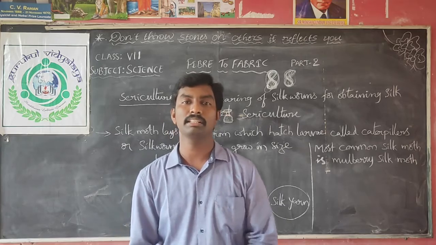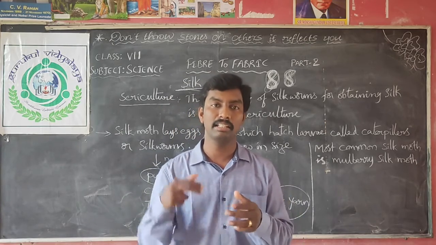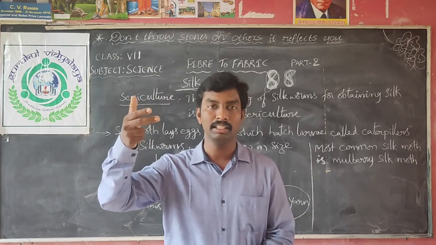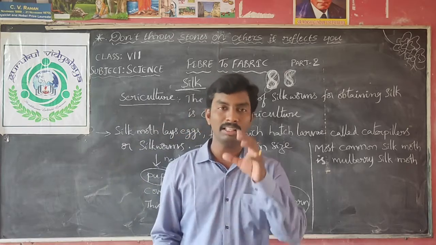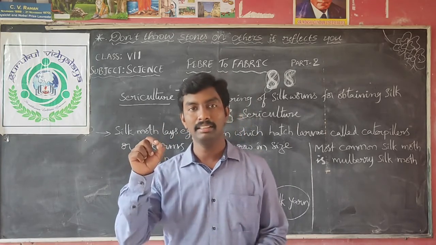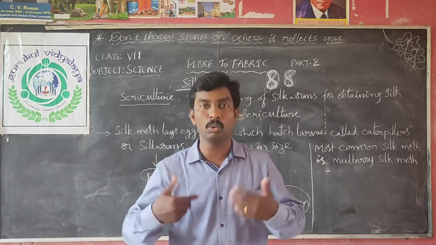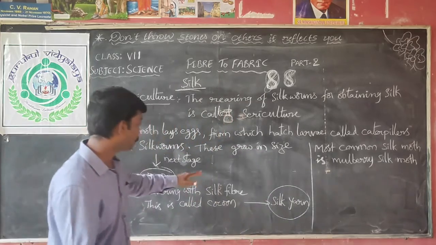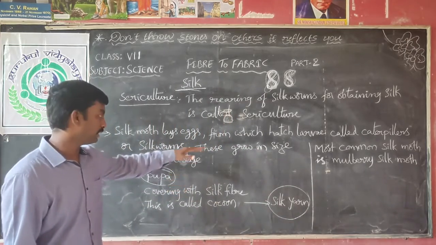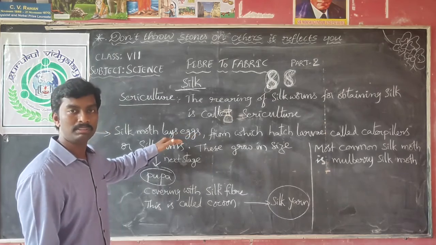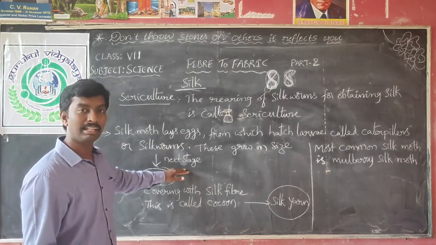Later they understood that silkworms go to the mulberry tree and eat the mulberry leaves, and they grow inside. The caterpillars or silkworms, after eating, grow.